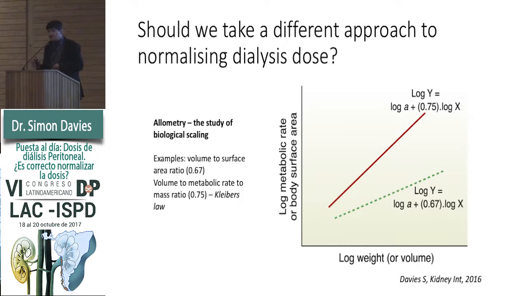Smaller people have a different relationship between their metabolic rate and their body size. So it could be argued that you need to adjust your dialysis dose not to their clearances, but to their metabolic rate, because surely metabolic rate is the source of the production of the metabolic toxins that you're trying to remove.